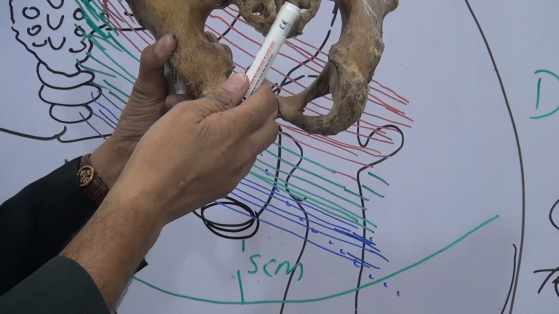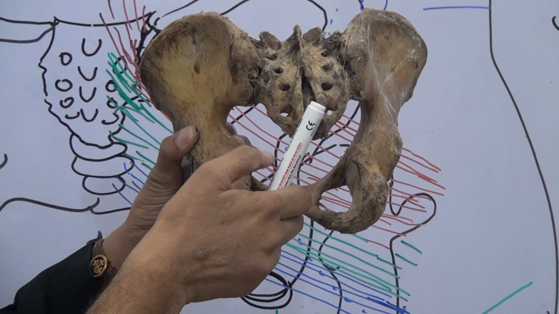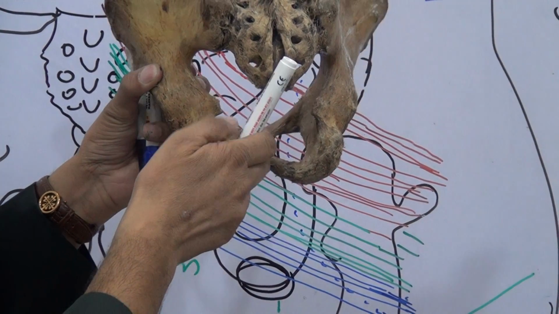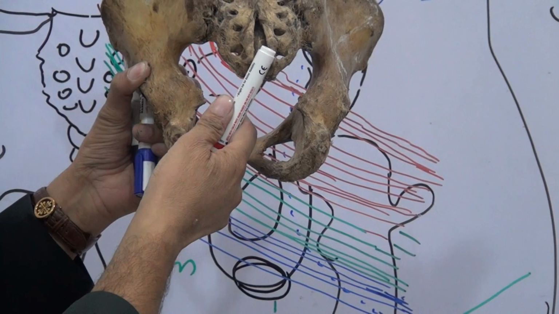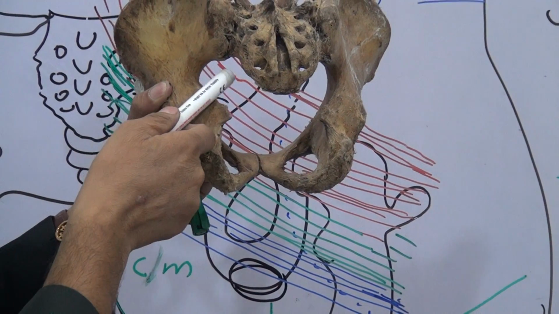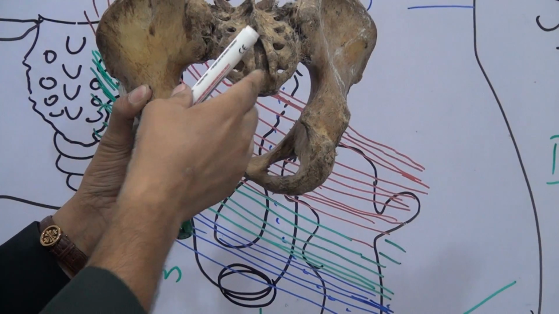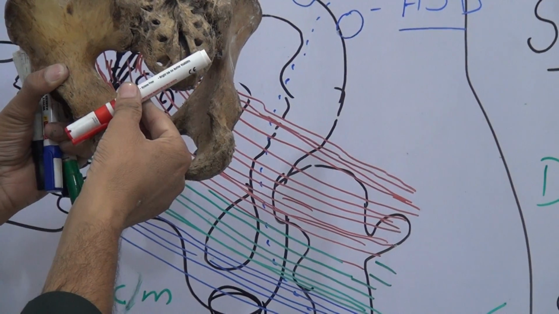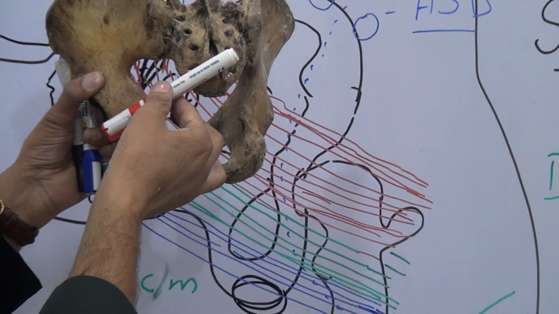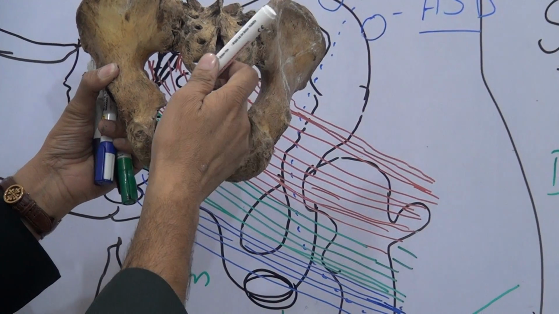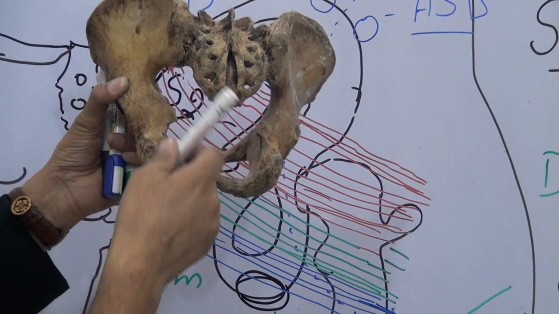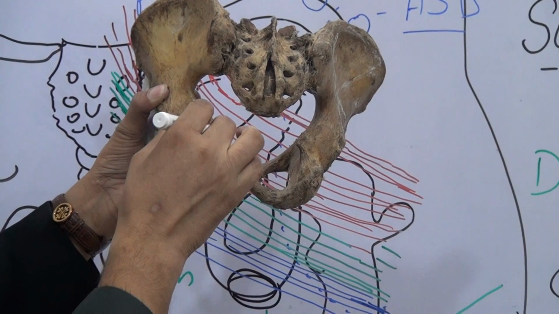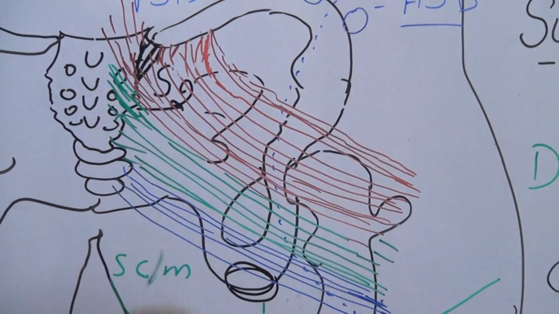So roughly these notches are converted into a B-shaped foramen, and again this B-shaped foramen is converted into greater and lesser by the sacrospinous ligament, which is here. So this is the position of the sacrospinous ligament, and this is the position of the sacrotuberous ligament, and both notches are converted into greater and lesser sciatic foramen.